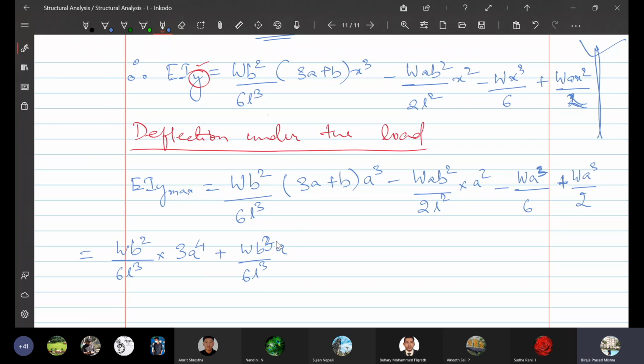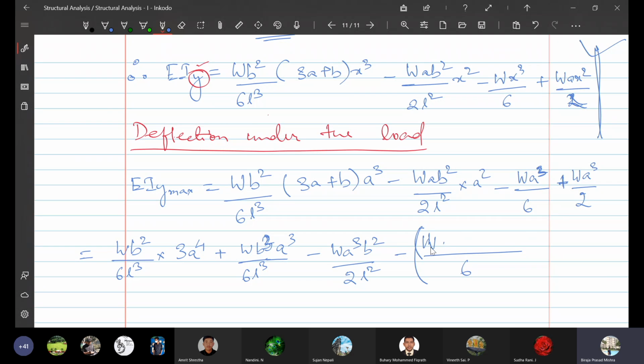Here b will come, so a cube b cube, like this, minus w a cube b square divided by 2l square minus, if I take common here, I am taking the minus sign outside. Please pay attention. I am taking 6 as common.